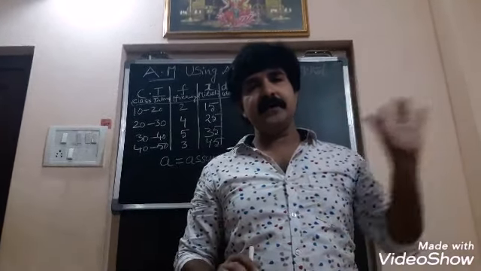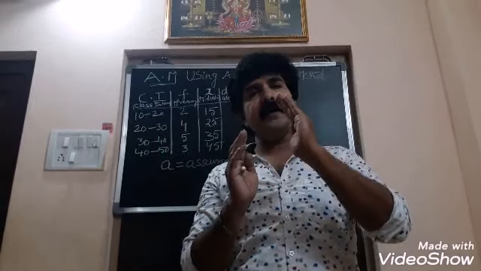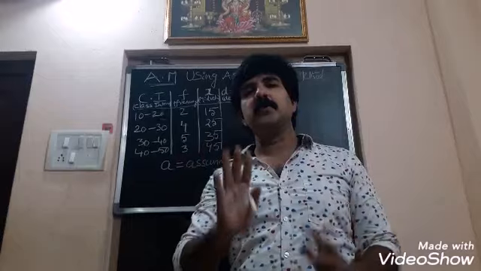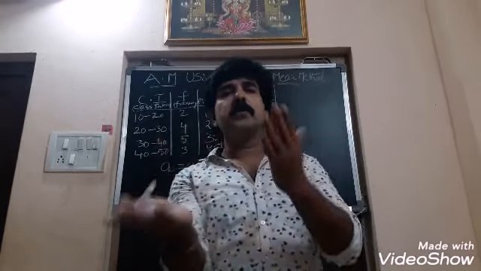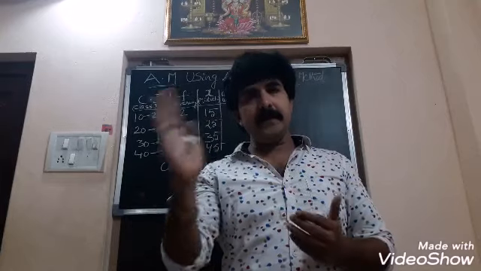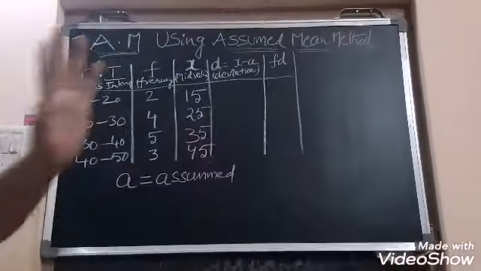You are finding the deviation. If the deviation is minus, you deduct it from the assumed mean. If the deviation is positive, you add the deviation to the assumed mean. That is the only thing.